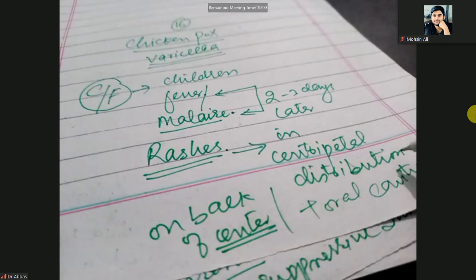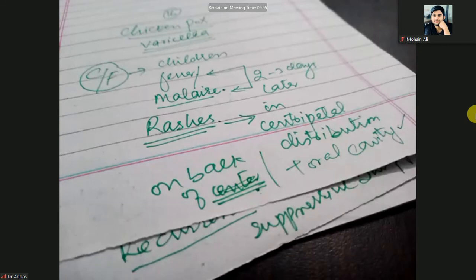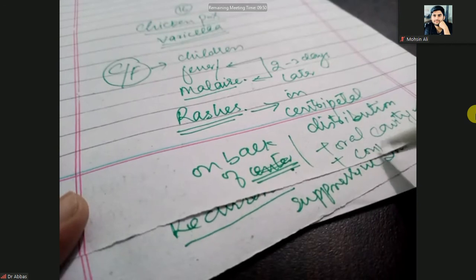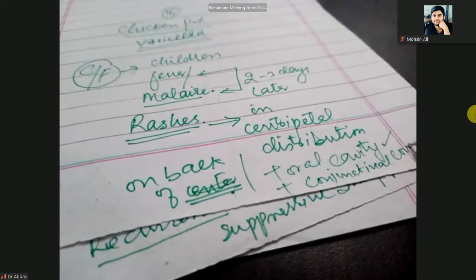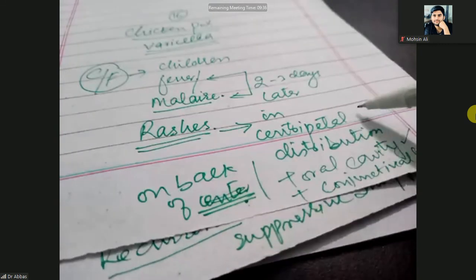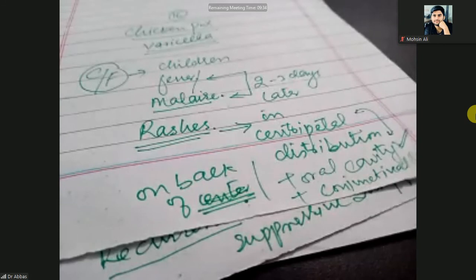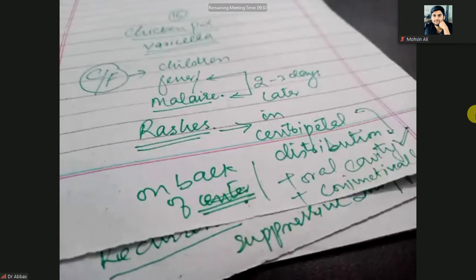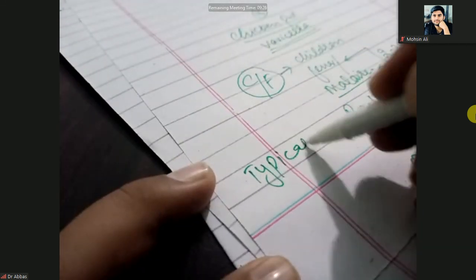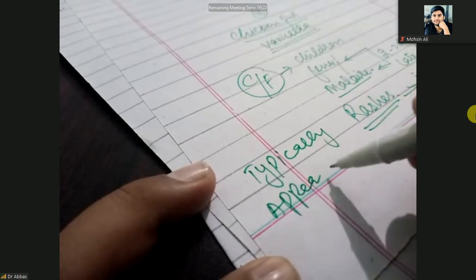They are also present in the oral cavity, and the eye will be congested, with conjunctival congestion and irritation. These typically appear as dew drops on a rose petal.